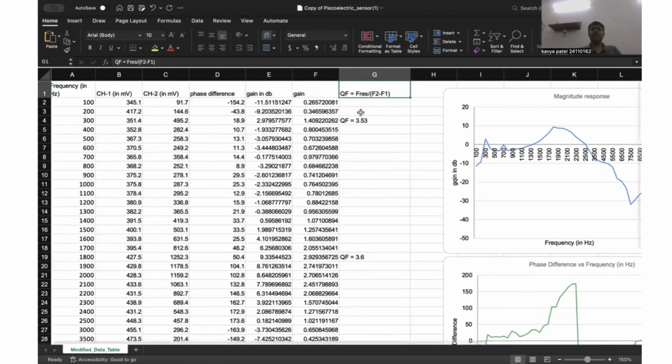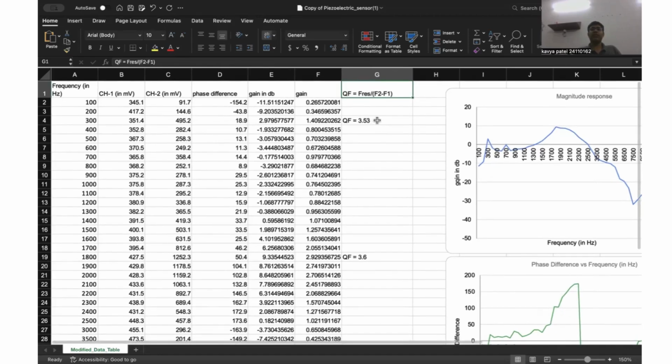From the graph, we can estimate the bandwidth in hertz, and using the formula, we can find the quality factor. Approximately, the quality factor for the 300 Hz frequency is 3.53 and for the 1800 Hz frequency is 3.6.